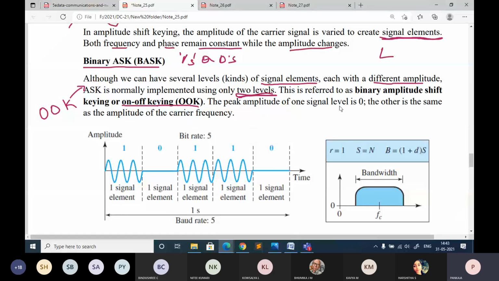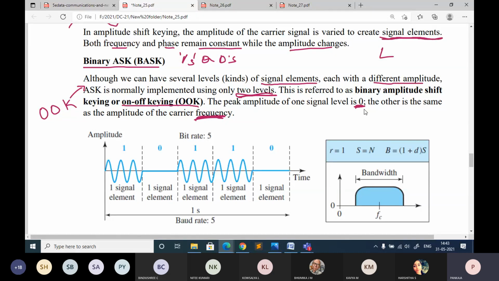The peak amplitude of one signal level is 0, and the other is the same as the amplitude of the carrier frequency.